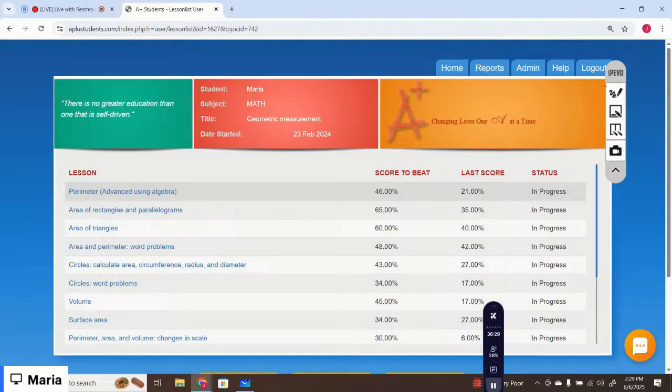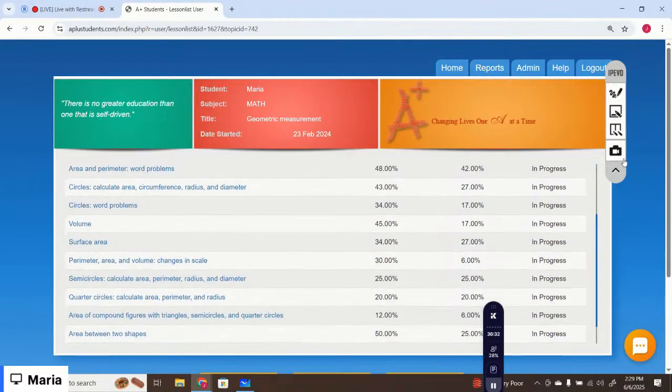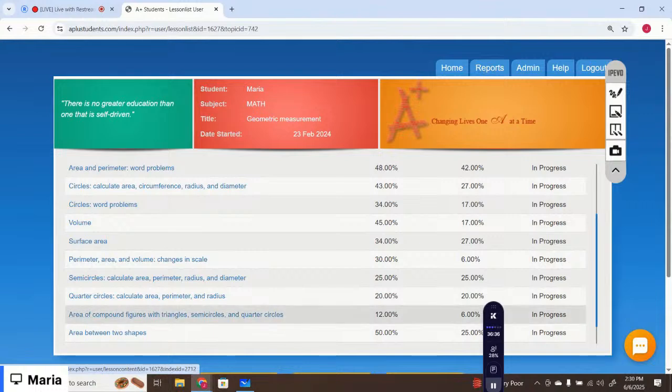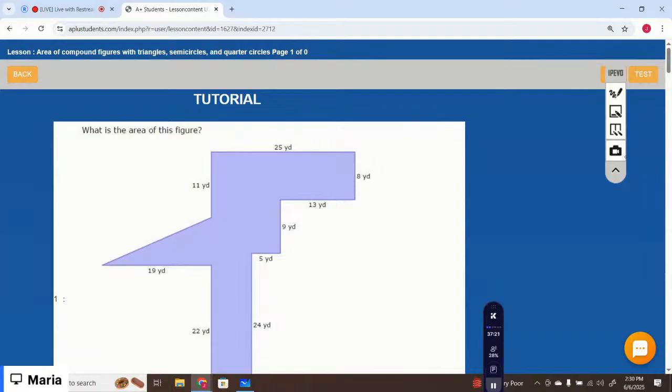The next lesson is area of compound figures with triangles, semicircles, and quarter circles. What is the area of the figure?